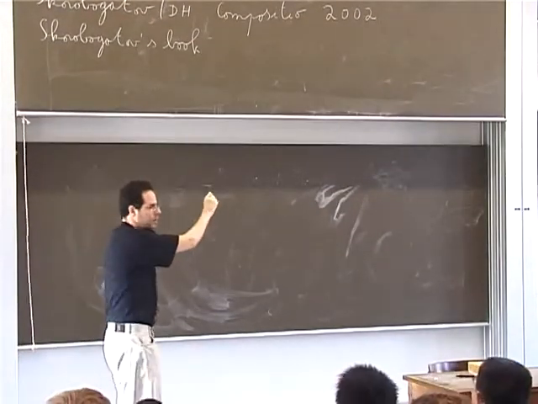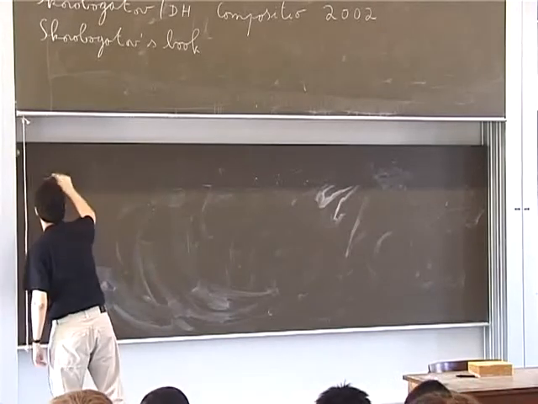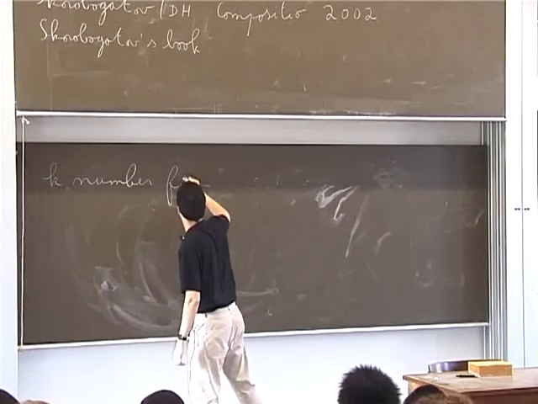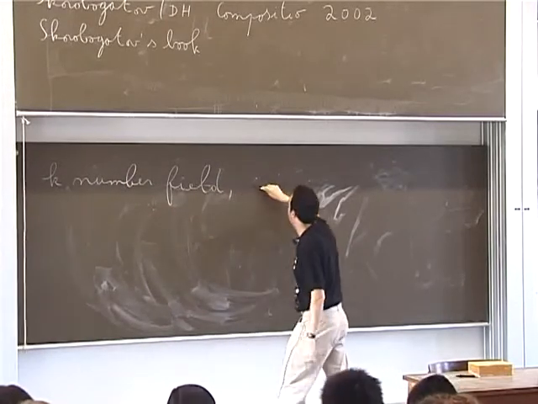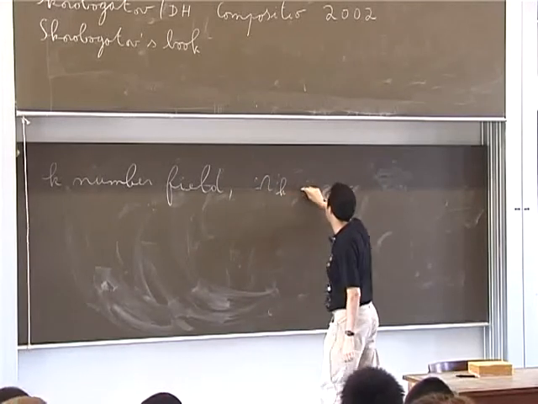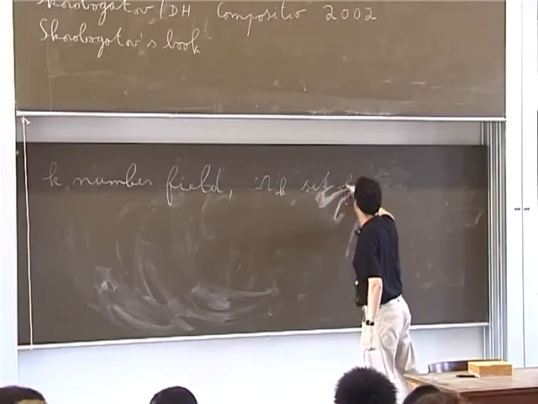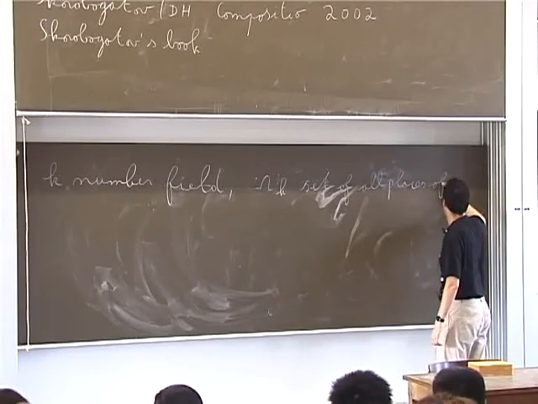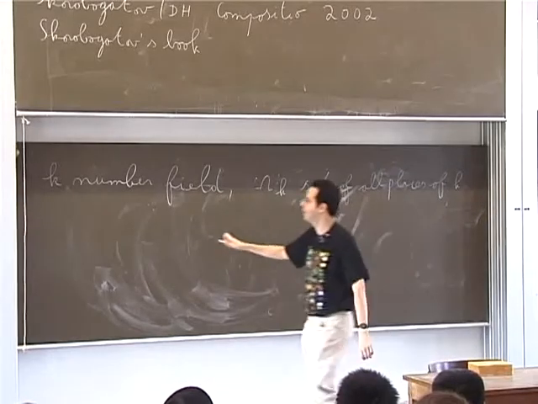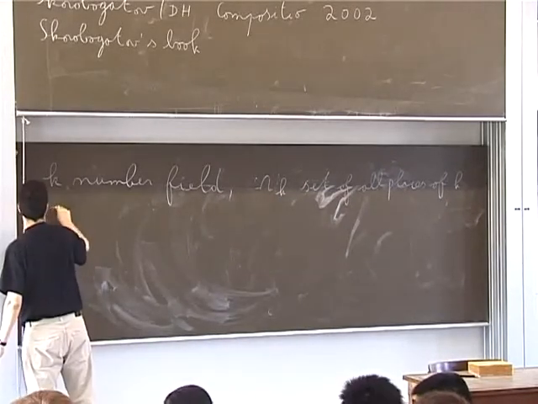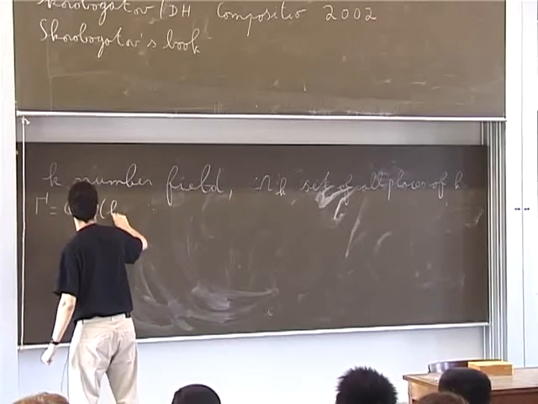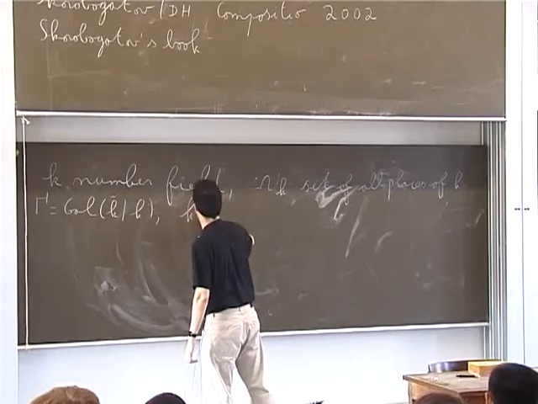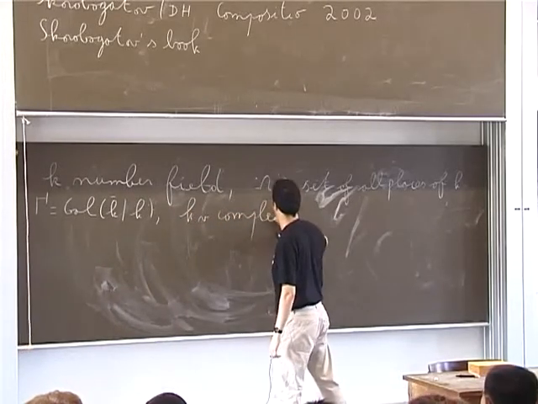So I recall some notation. From now on, K is a number field, and omega K is the set of all places of K. And recall that gamma is the absolute Galois group, and Kv, the completion of K at v.